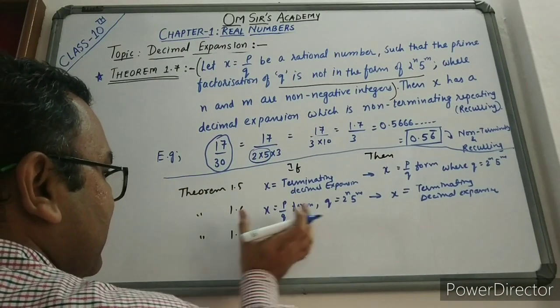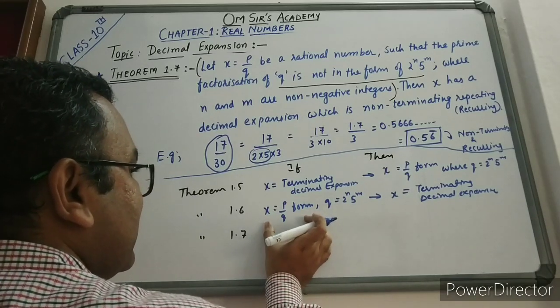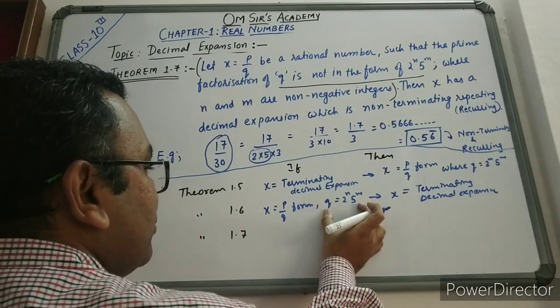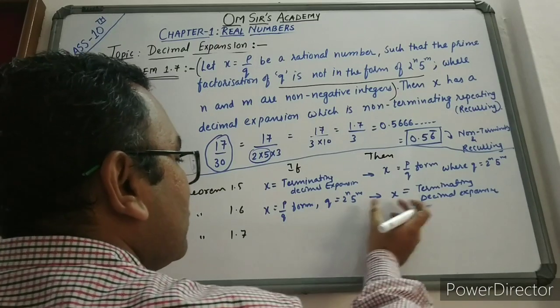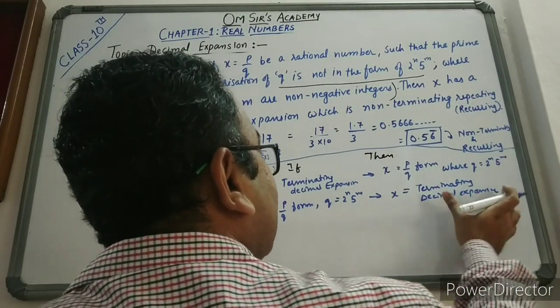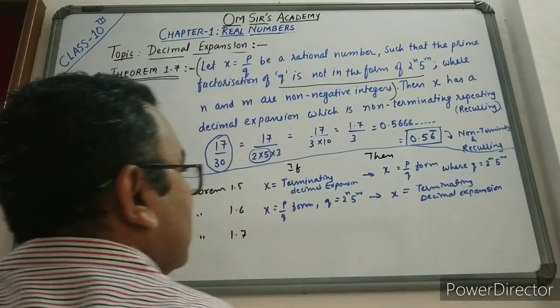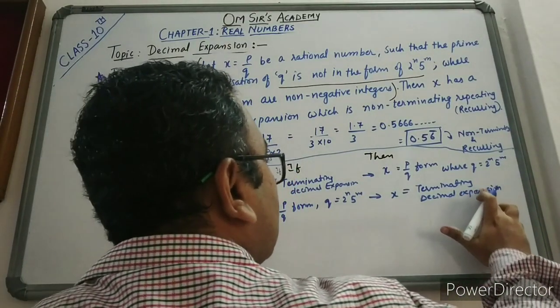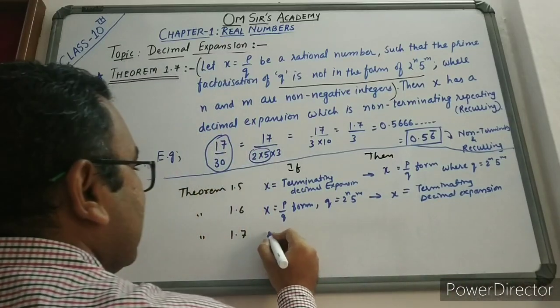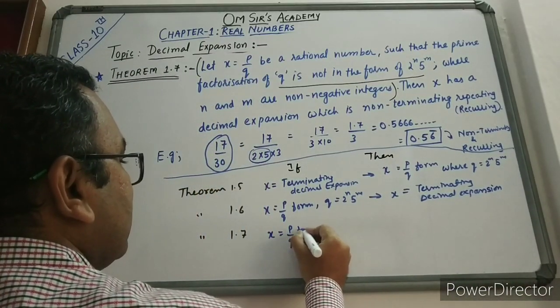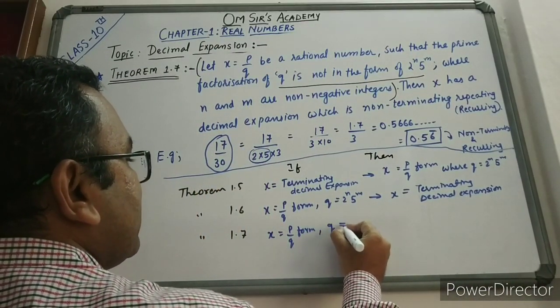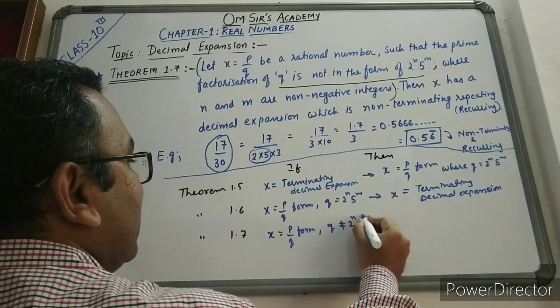Theorem 1.6 said that if it is given that x is in the p by q form and q is 2 raised to n and 5 raised to m, then what kind of decimal expansion will x have? It will have a terminating decimal expansion. Is it clear, friends? Now the last theorem says that x is in the p by q form, but q is not equal to 2 raised to n and 5 raised to m.